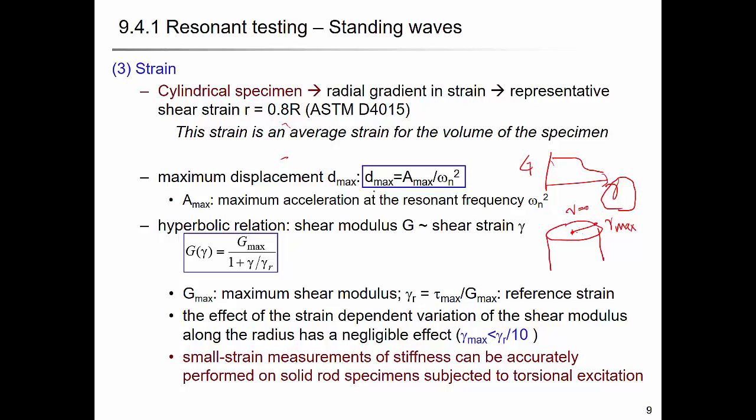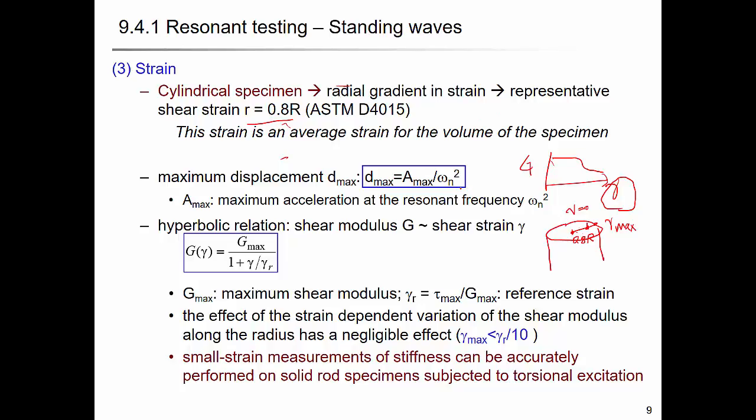So the representative shear strain, gamma, is the maximum that occurs at 0.8, so 80% radius, 0.8R. At this point, you can get the representative shear strain. And this is an average strain for the volume of a specimen.